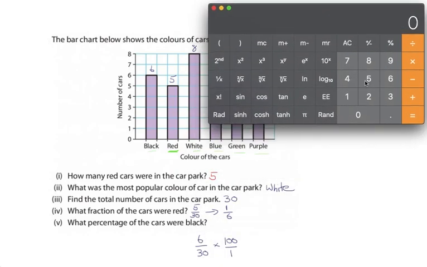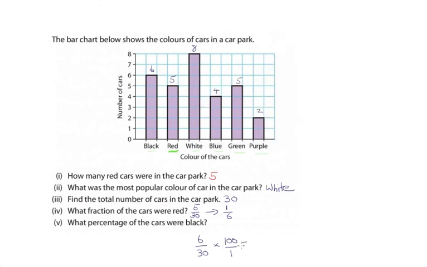So remember, it's 6 over 30 means 6 divided by 30, and we're going to get a decimal. And then we multiply that by 100. That gives us 20. So 20% of the cars in the car park were black.